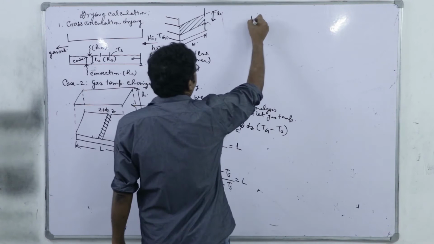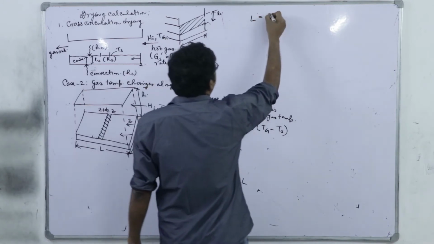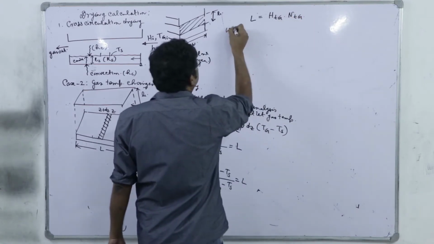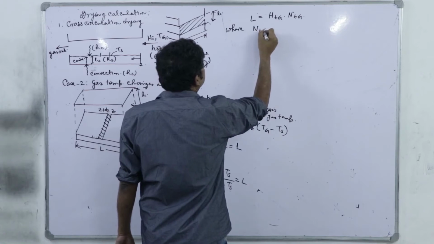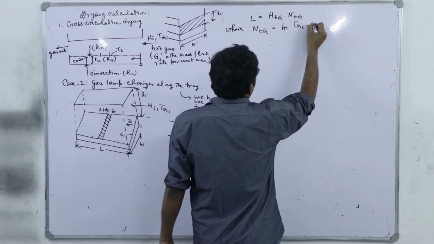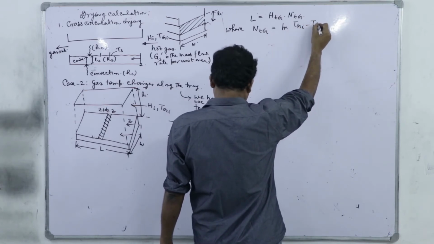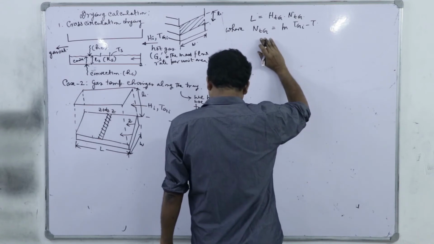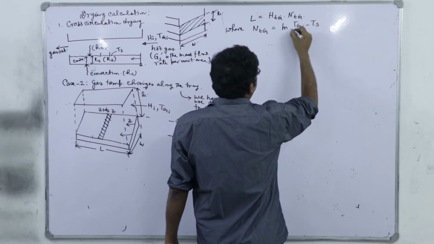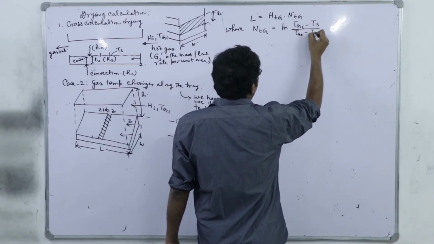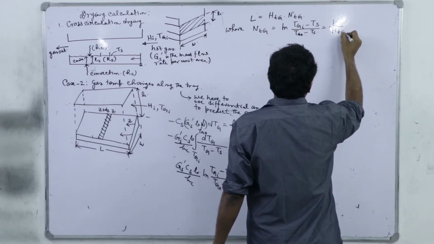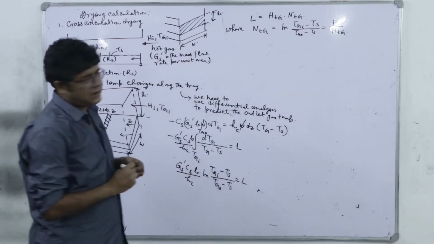The total length of the tray is equal to HTG into NTG, where NTG is basically equal to ln of TGI minus TS divided by TGO minus TS, which is L divided by HTG, right.